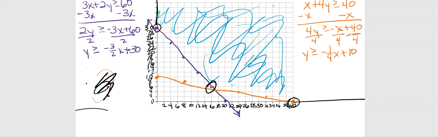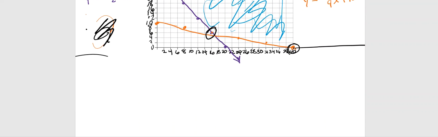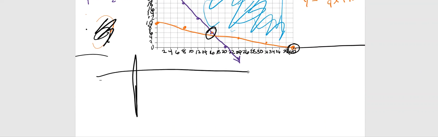So I'm going to draw my chart. So I have 40, 0. I have 16, 6. And I have 0, 30.